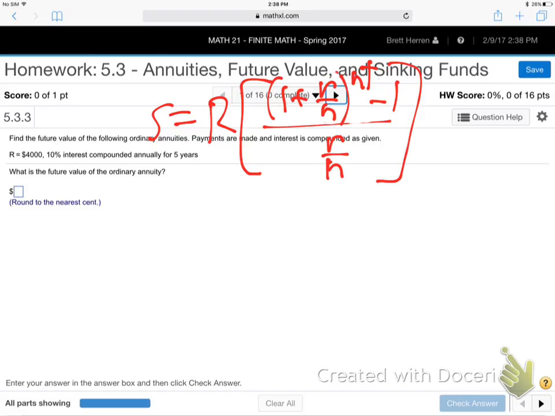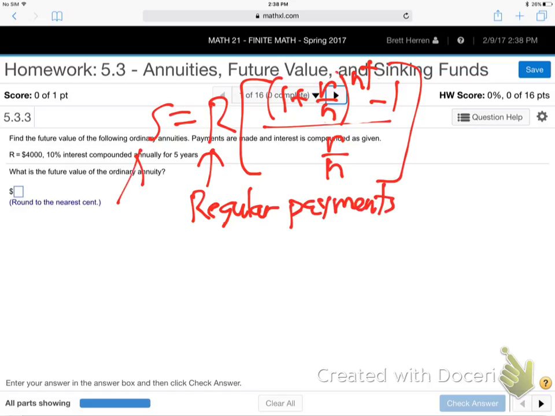The R means the regular payments. The S stands for the sum at the end. Honestly, I don't know what S and R stand for. I'm kind of making this up as I go along. All I know is S is the amount at the end, so I'm saying sum, I guess. Just add them all up. And the R is the regular payment. So that's what they are.